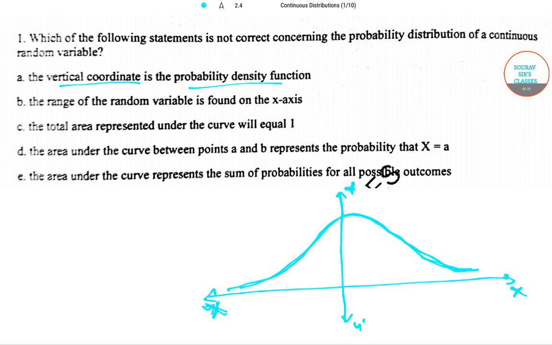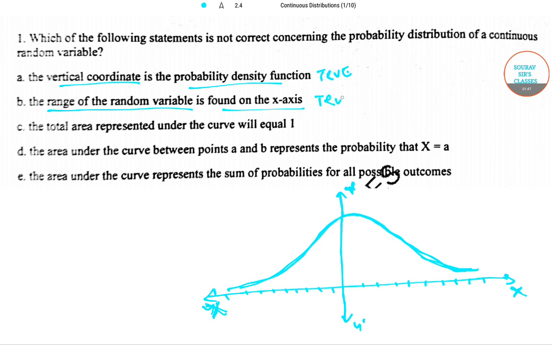So option A, the vertical coordinate is the probability density function. This is true. The range of the random variable is found on the x-axis. So all the possible, all the favorable events, or say the sample space, occur on the x-axis.